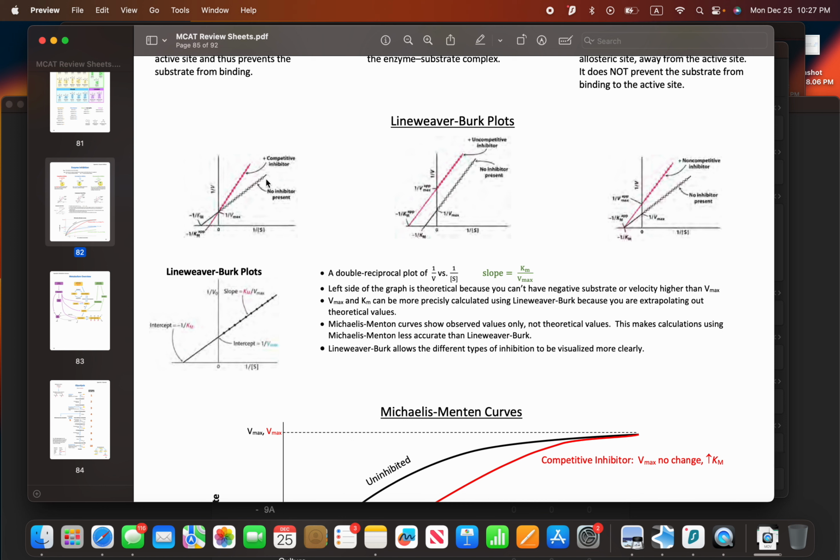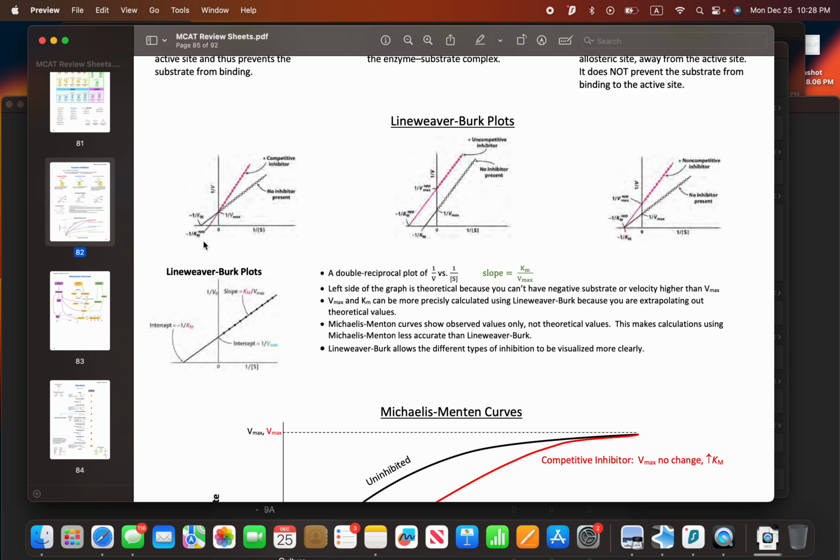So in competitive inhibition, we had the Vmax not changing, so we expect both lines to pass through the same y-intercept, which is 1 over Vmax. And for Km, because it's competitive, the Km is increased, right? So we expect the minus 1 over Km, if the Km is increased, when you are increasing the denominator, the whole thing is less.